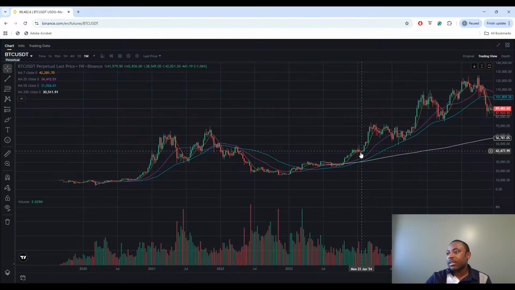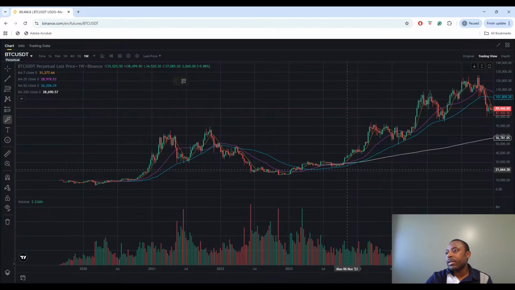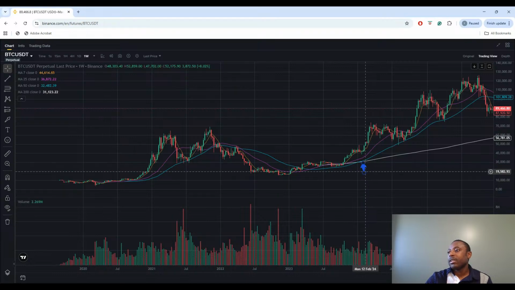The price here was around 41,000, or let's just say 42,000. So there's a golden cross. When you see this, let's look at a line. So at this point, where is it? Right here, we have the golden cross.